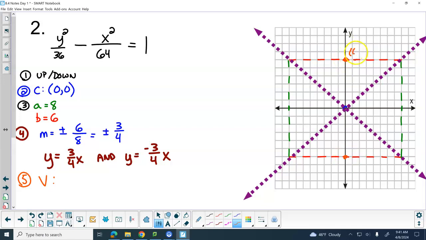So this would be 0, 6 and 0, -6. Then we can draw it in.